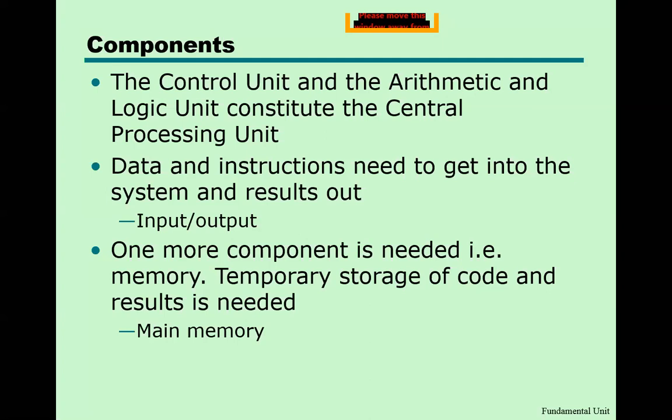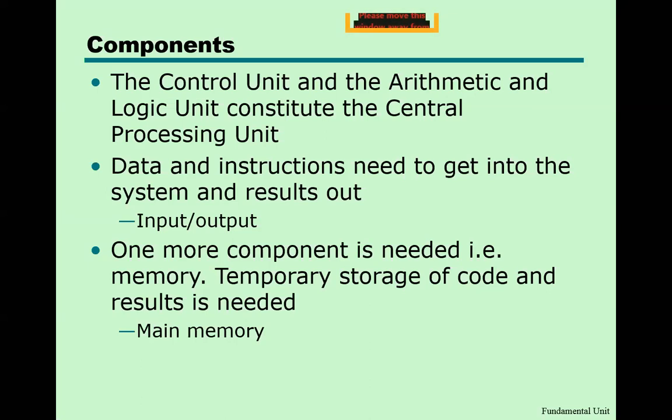One more component is required, that is memory, because we require memory for temporary storage of code and results. So broadly, we can categorize our computer into three categories: the central processing unit, input-output, and main memory.